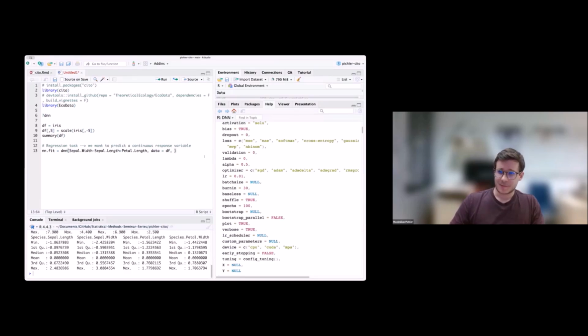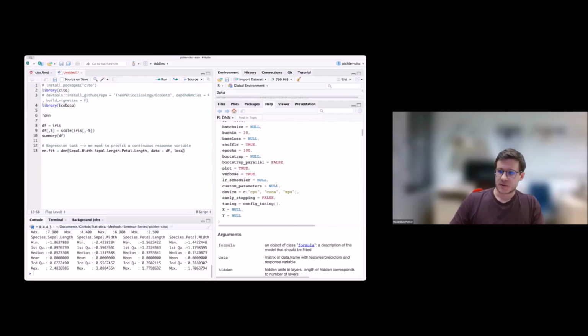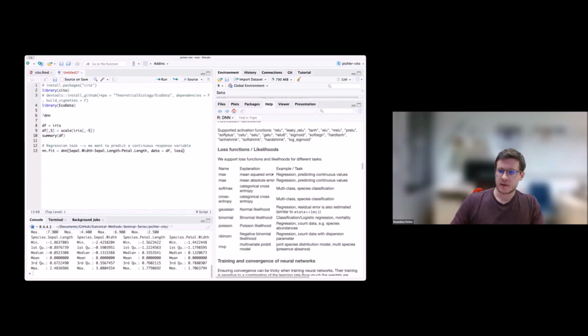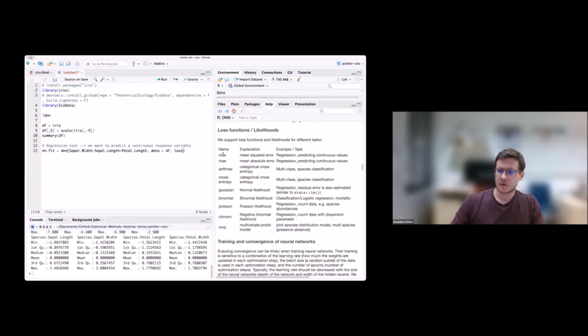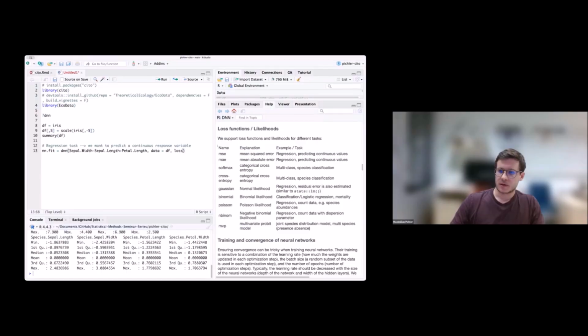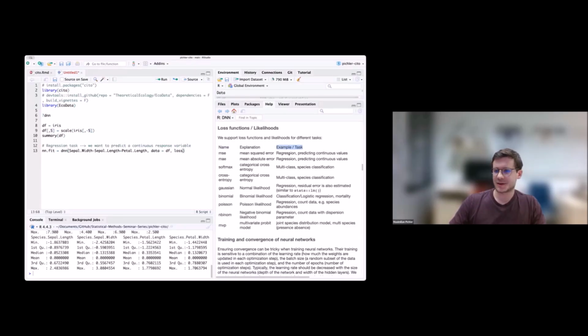And the important thing for you is that you have to decide on this loss function. If we scroll down here in the help, we have a table of the loss functions we support. And the third column gives you an example for each loss function. Here we see, for example, that the mean squared error can be used for regression, for predicting continuous values.